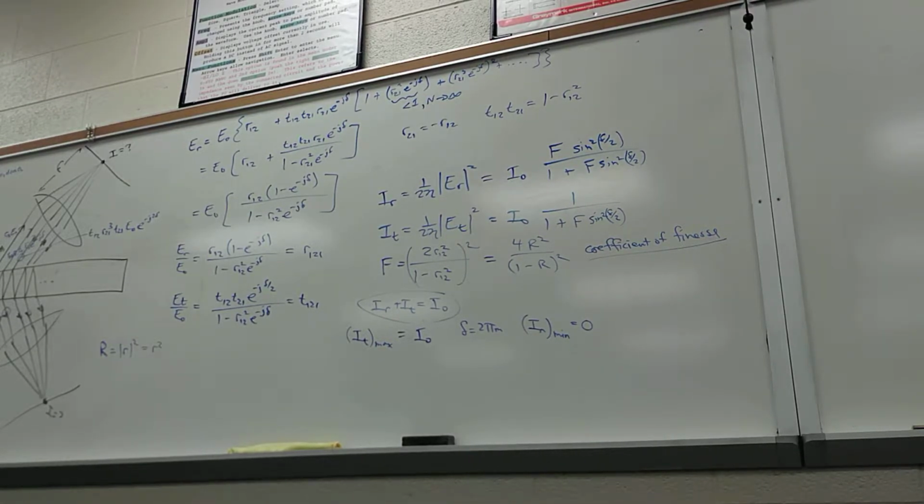Okay, so we've got a slab here, like a piece of glass or something. And what are we saying happens? It's like it's not there, because all the light's transmitted. None of it is reflected. That's kind of weird.